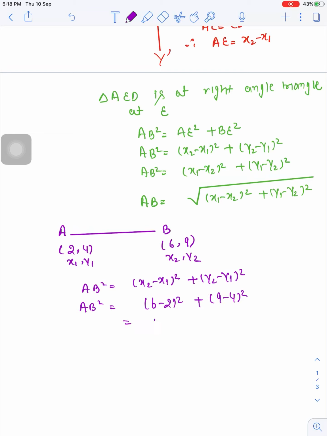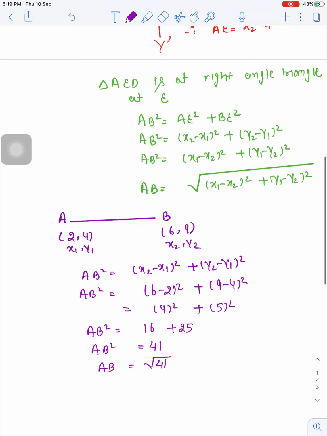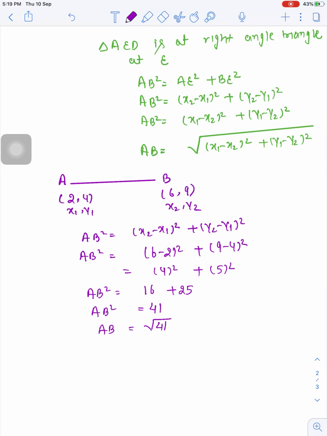So it is 4 square plus 5 square. So what we have got? AB square is equal to 16 plus 25. So AB square is equal to 41. So AB is equal to under root 41. Look, this is the distance. So you can see how easy it is.